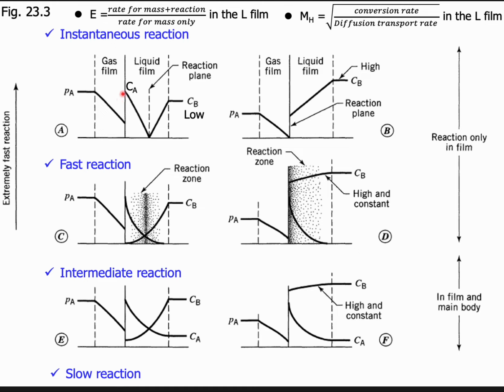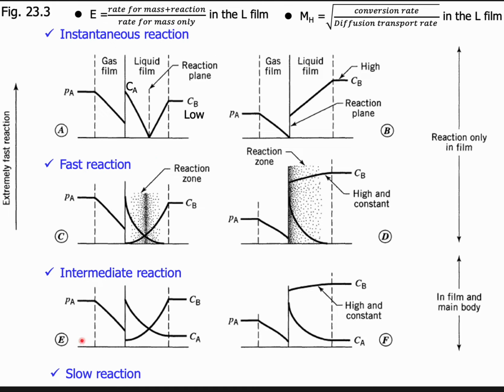So what's here? We have different reaction rates from fast to slow compared to mass transport. We have very fast instantaneous chemical reactions, and slower are the fast chemical reactions, intermediate reactions, and very slow reactions.